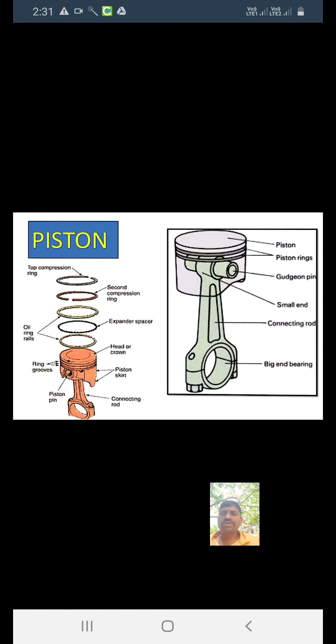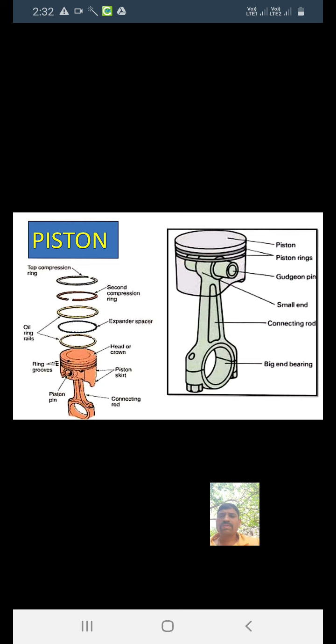The function of the piston in an IC engine is to receive the impulse from the expanding gas and transmit the energy through the connecting rod to the crankshaft.